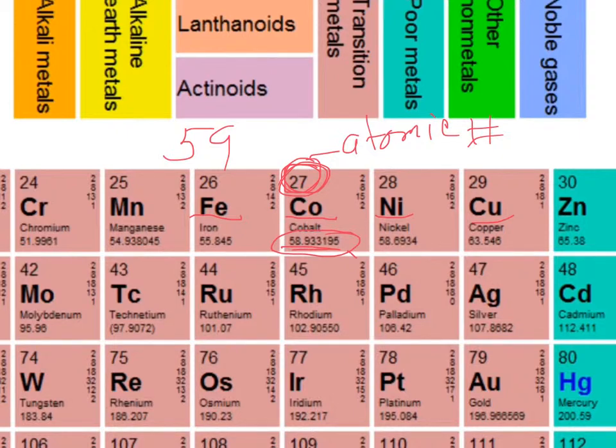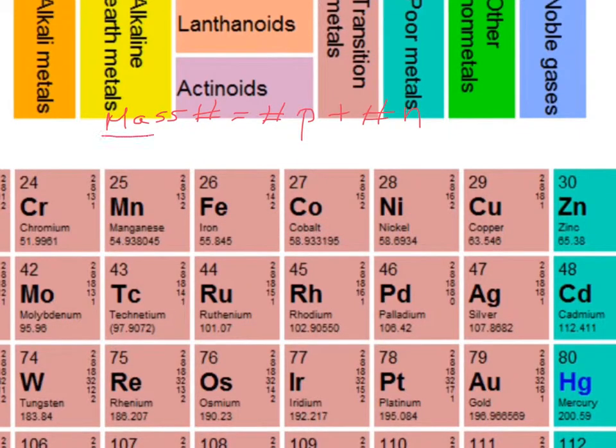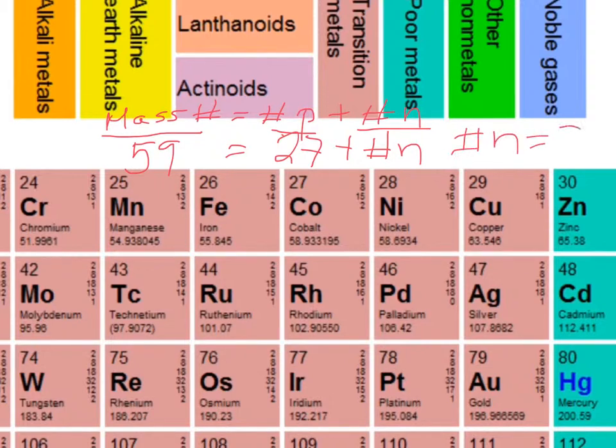As far as the number of neutrons, we know that the mass number is equal to the number of protons plus the number of neutrons. If I say that the mass number is 59, and I know that the number of protons is 27, I can figure out the number of neutrons. Therefore, 59 minus 27 is equal to 32. The number of neutrons would be equal to 32.